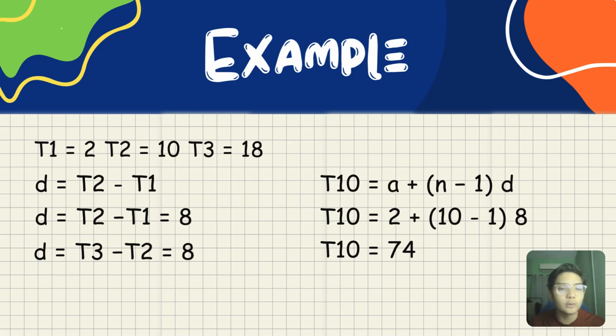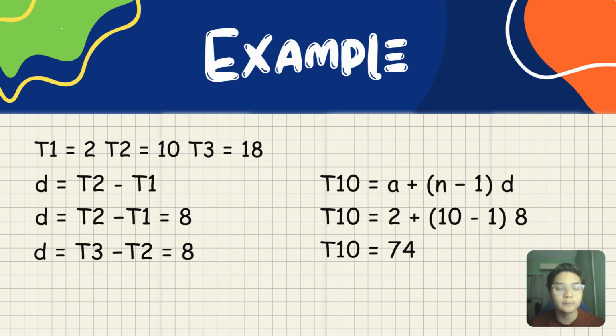First we calculate d. The second term minus the first term is 8. To check, the third term minus the second term is also 8. If you get the same d, that means you are correct.